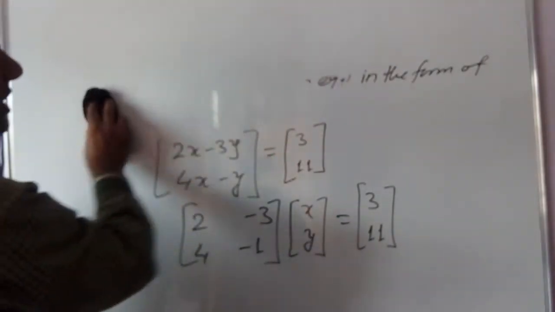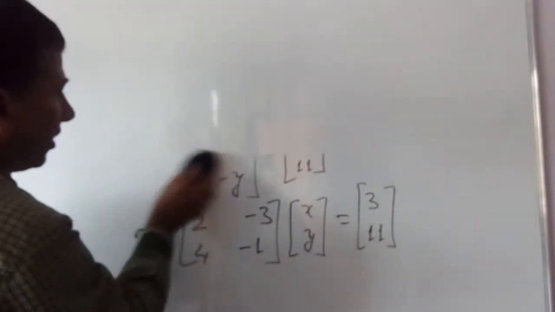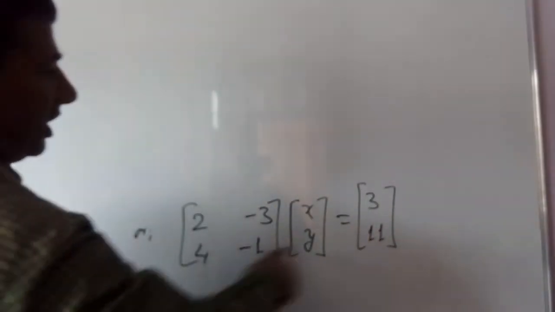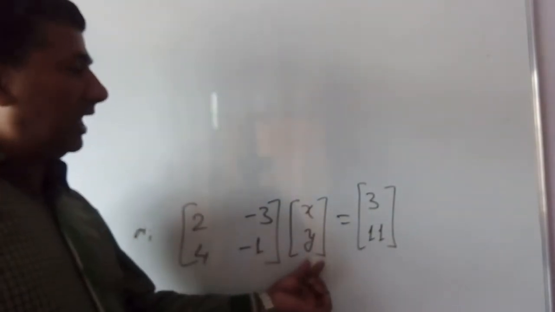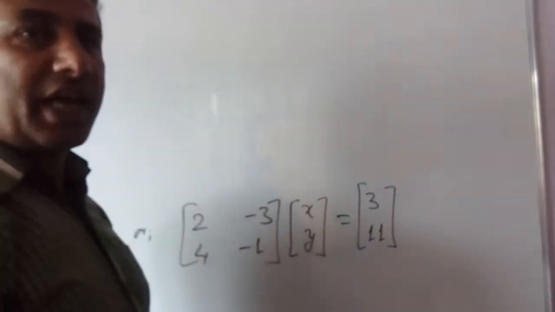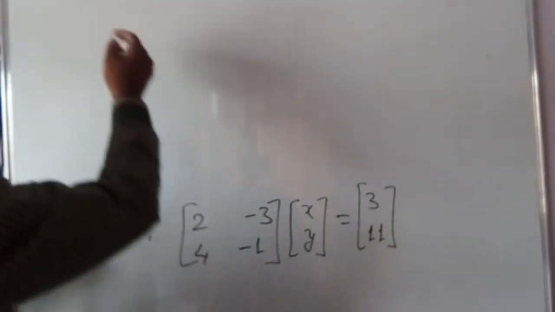Actually it is not necessary to write all this; from the equations you can directly write this one. Now let's say this is A, this one is X, this one is B, just like the theory we explained just now.